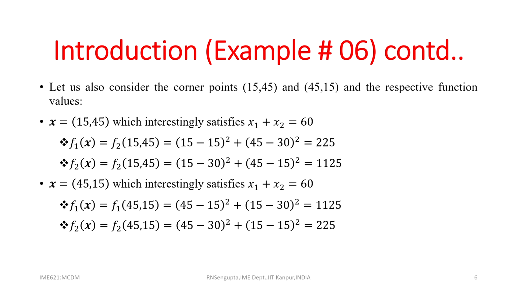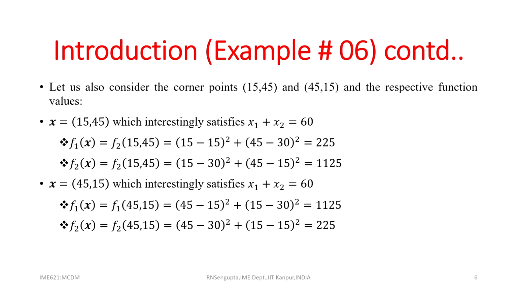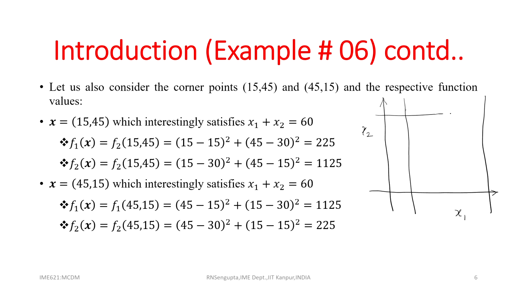Now, let us consider some other sets of points also, and I will tell you why. If you remember the figure, it looked like this. This is the x2, x1 coordinate, and I am trying to draw the feasible region.